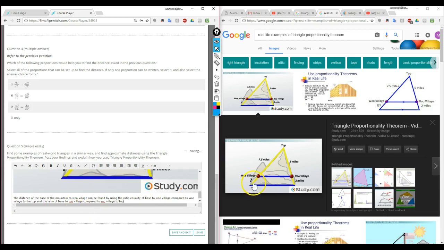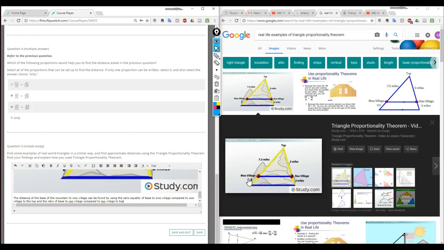So base to Woo divided by Woo to the top would equal base to Roo divided by Roo to the top. So that's how I would find this little missing part.